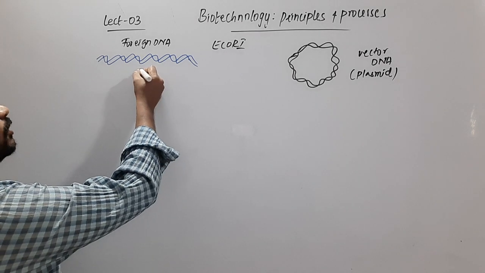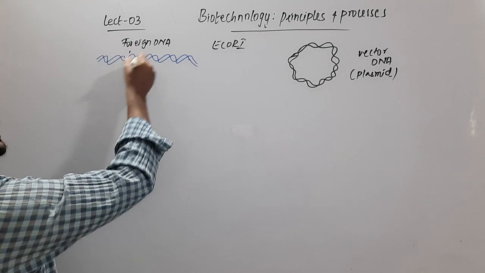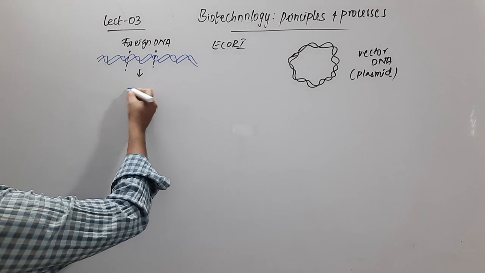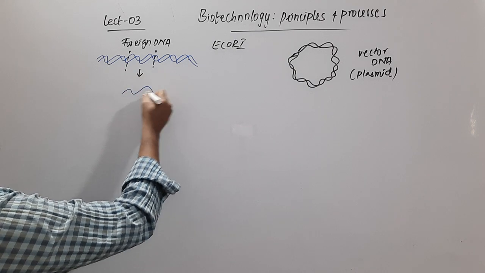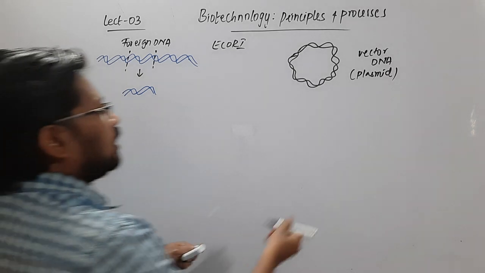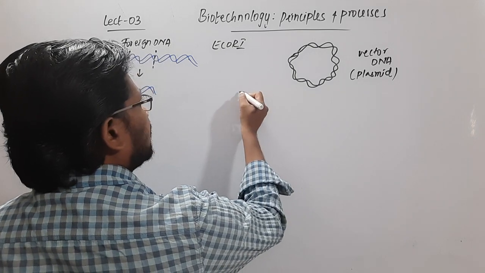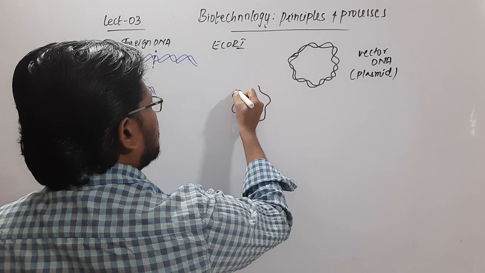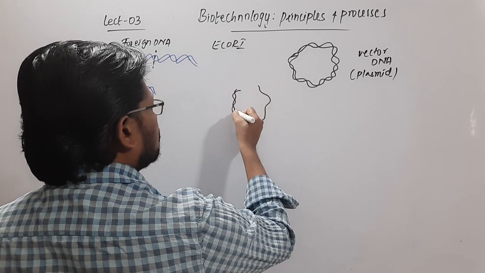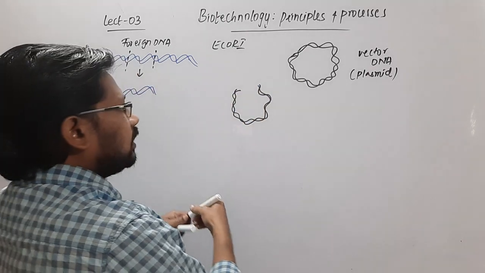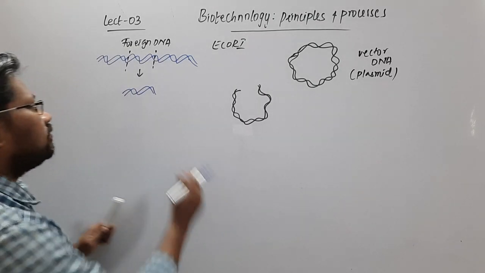Then from this I'm going to get the gene of interest, and this gene of interest I need to put into this vector DNA. Here the vector DNA is also cut with the same restriction endonuclease, so hence it will have the same type of sticky ends.